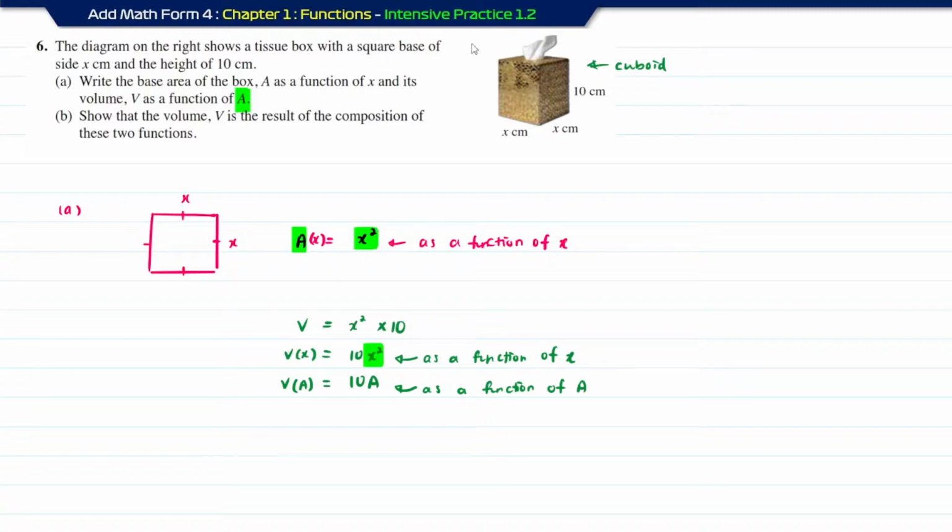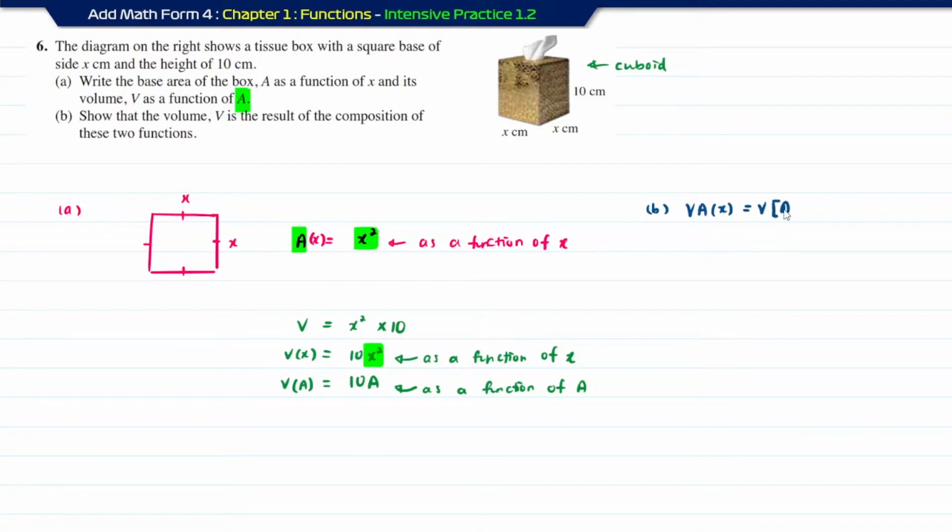Now for part B, show that the volume V is the result of the composition of these two functions. We have two functions, A and V, so the composition of these two functions is a composite function. We can replace the x squared with A, which gives us the composite function VA.